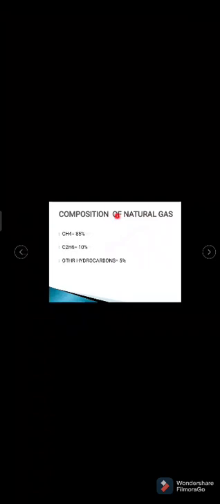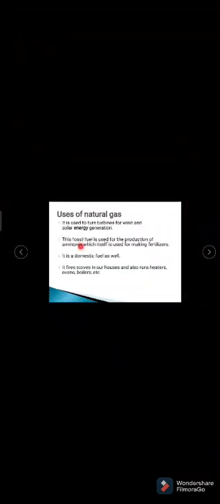And the next one is the uses of natural gas. It is used to turn turbines for wind and solar energy generation, and also as a fuel for domestic and industrial purposes.